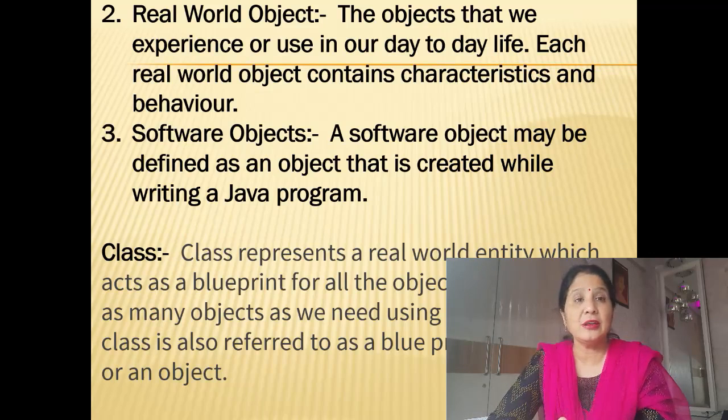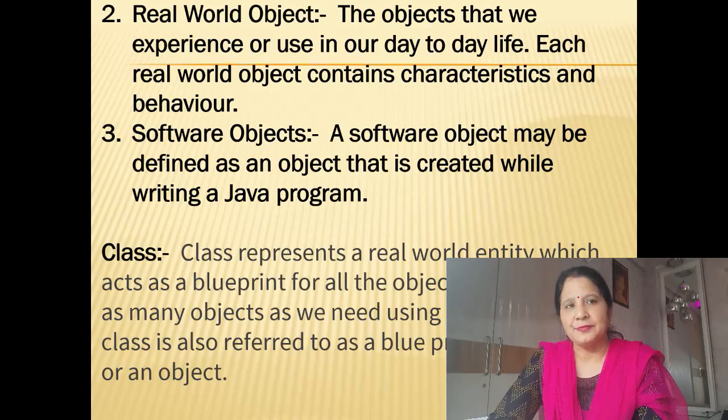Now, the software object. What is a software object? A software object may be defined as an object that is created while writing a Java program. When we are writing a Java program, the type of object we are creating is known as a software object.